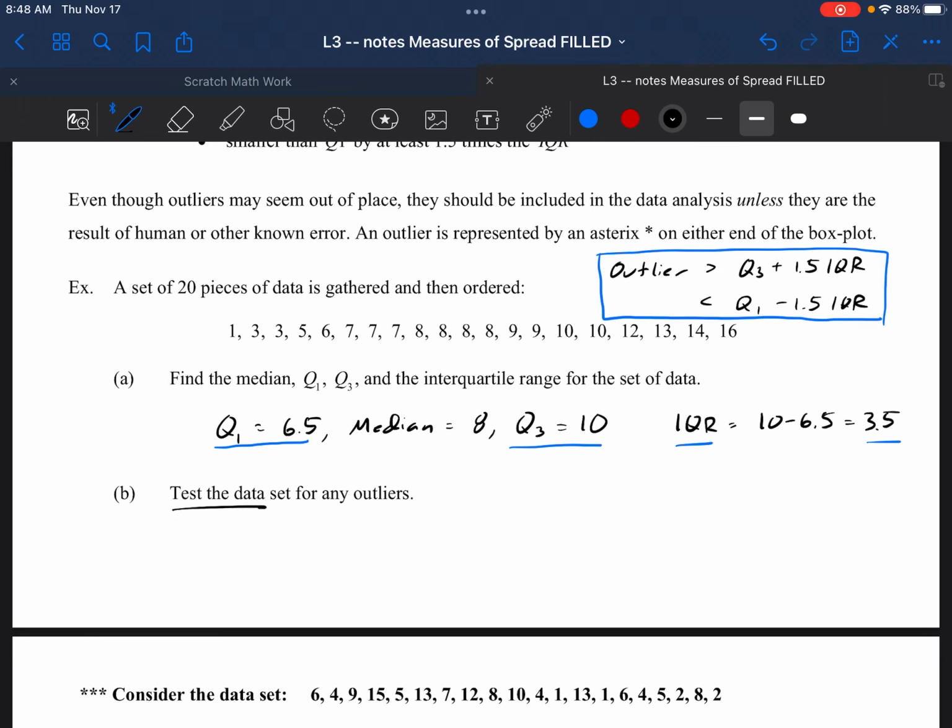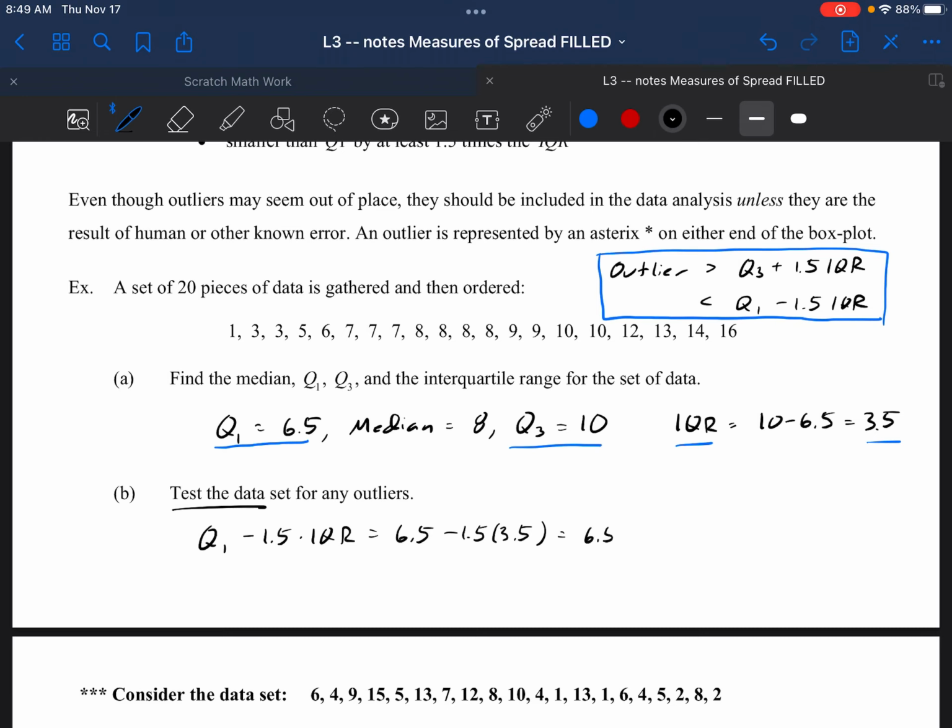Okay, so we want to test for outliers now, right? Test for outliers. So I'm going to take Q1 minus 1.5 times IQR. So that's 6.5 minus 1.5 times 3.5. 1.5 times 3.5 is 3.5 plus 1.75, which is 5.25, I believe.